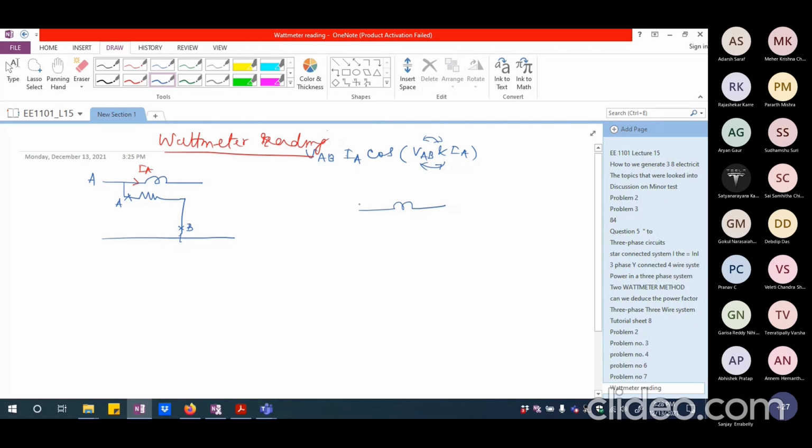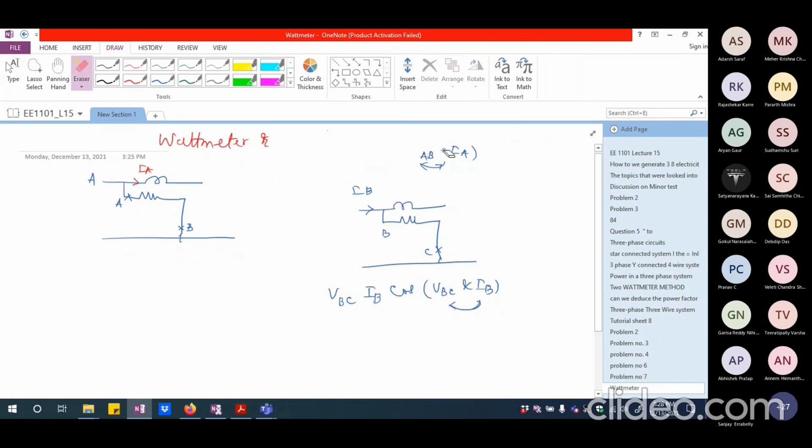On the other hand, let's say if I have connected the current coil in B phase and the voltage coil between B and C, for example, then I should say VBC, IB, cos of the angle between VBC and IB. This is going to be my wattmeter reading.